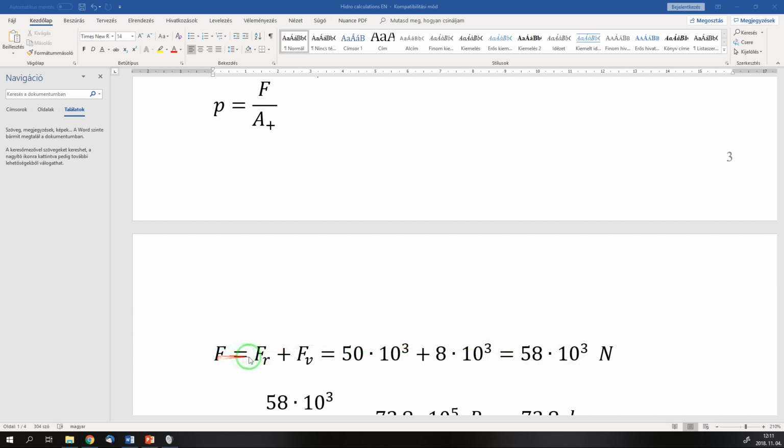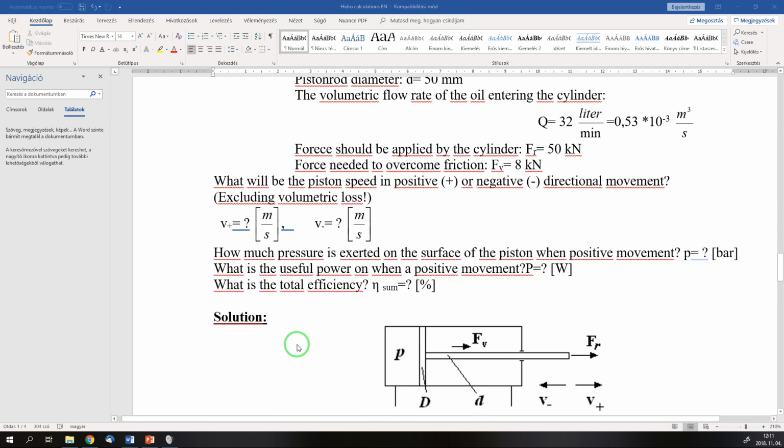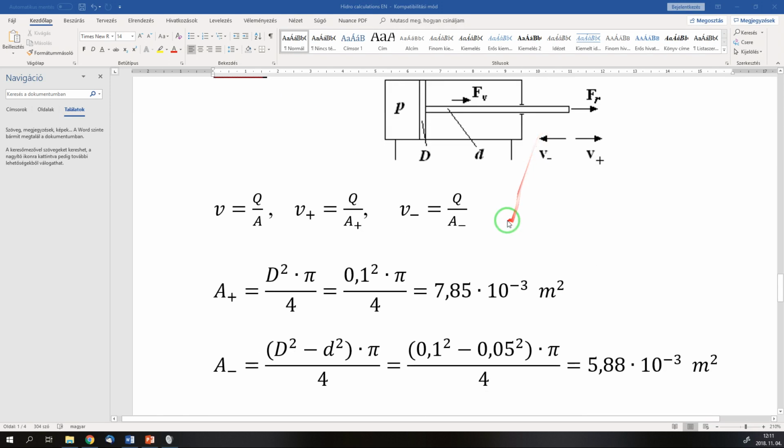Okay, so this is the force I have to provide with pressure. Okay, so the friction, which is here, Fv, and the real, which is 50 kilonewtons.